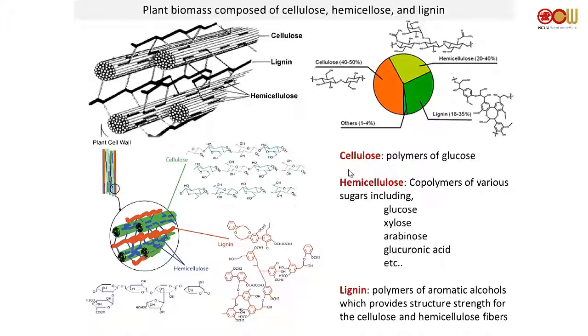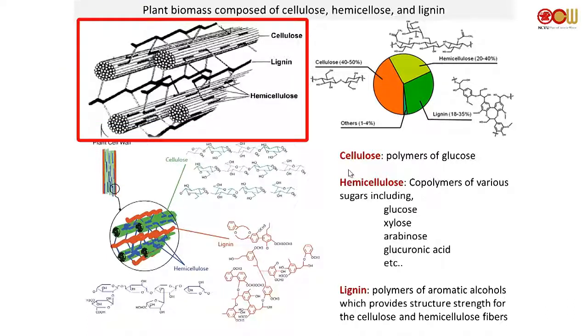Inside the plant cell wall or plant biomass, if you take a cross section of the plant cell wall, it's going to look something like this. You have these cellulose or hemicellulose fibers. Each strand corresponds to a strand of sugar polymer, and you see the difference between the white and the black.